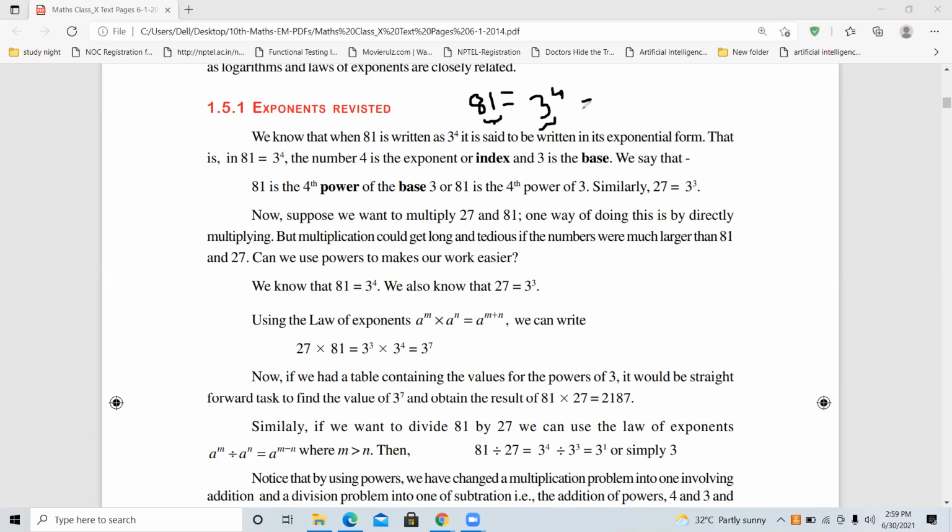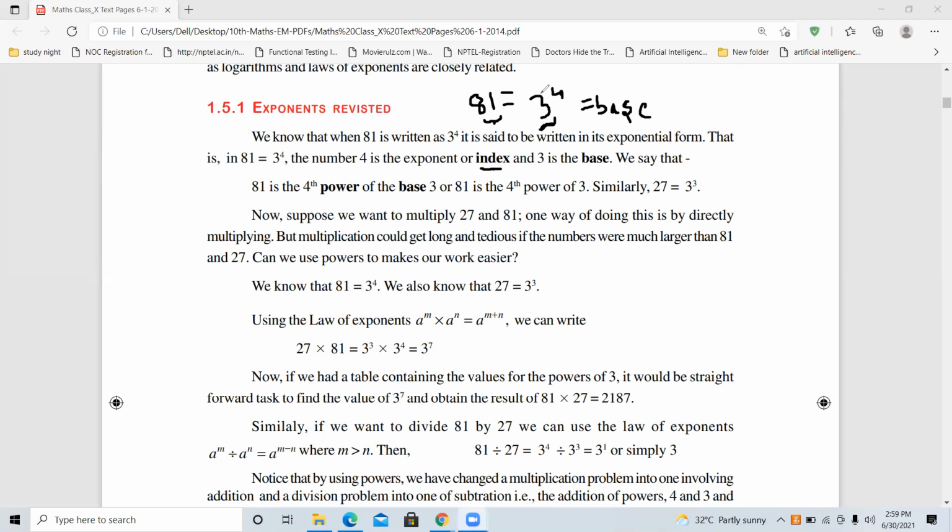Hence, 3 power 4 equal to 81, where 3 is the base, whereas 4 is the exponent or the power of 3, and this exponent can also be called the index. In this way, we have to write the exponential form for the given value.